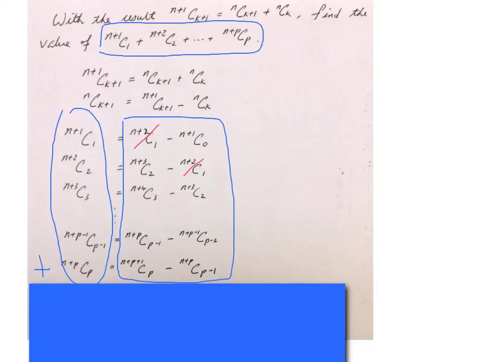We can cancel these two terms. If we continue in this way, then you can see that we will cancel these two terms, and then continuously, finally, we cancel most of the terms, and then these two are left.